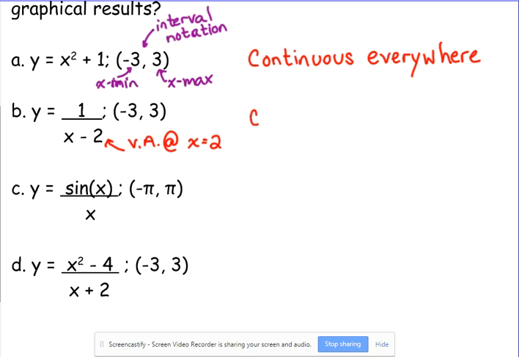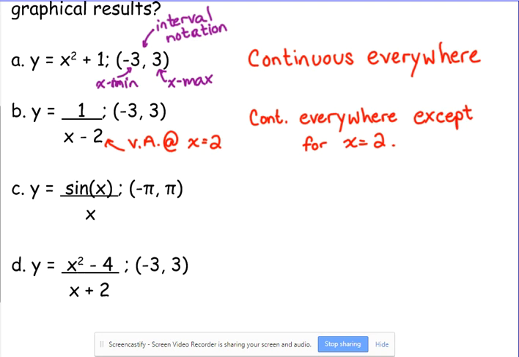So this is continuous everywhere except for x equals 2. That's the only place where we have an issue. Everywhere else, it's continuous. There are no issues there in the domain.